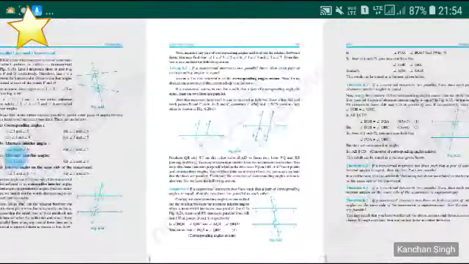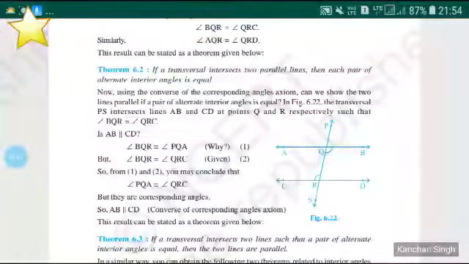Next, if a transversal intersects two parallel lines, then each pair of alternate interior angles is equal.